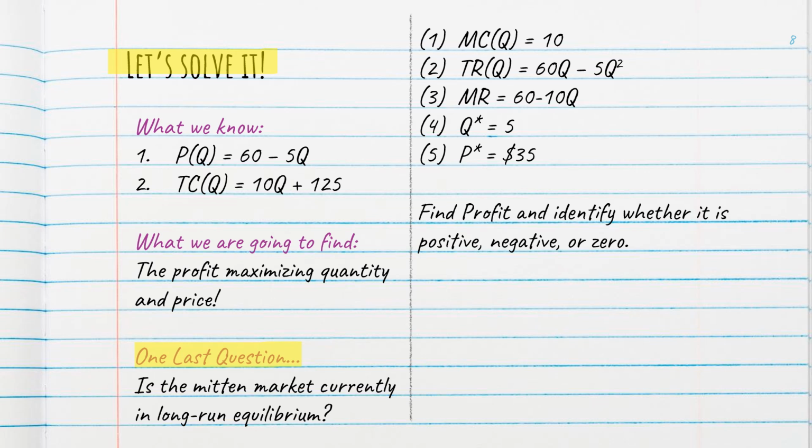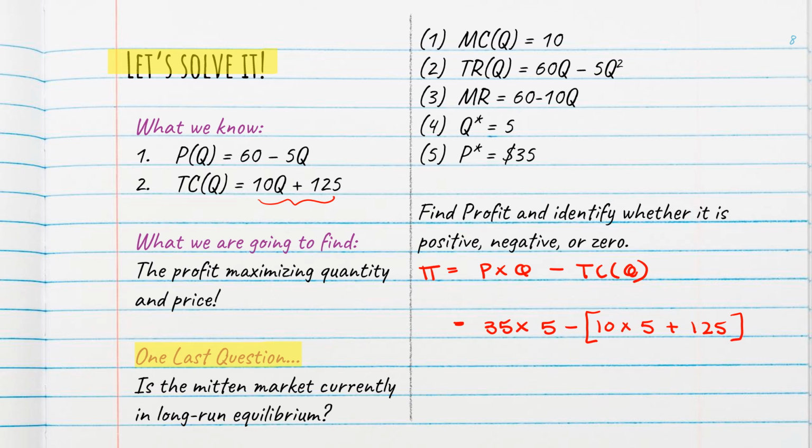What is the baseline formula for profit? It's equal to price times quantity minus total cost, which is a function of quantity. So we just need to substitute in what we know. Price is 35 times quantity of 5 minus our total cost. I'm going to put a bracket because my total cost function has 2 parts. So I have 10 times quantity, which is 5, plus 125.